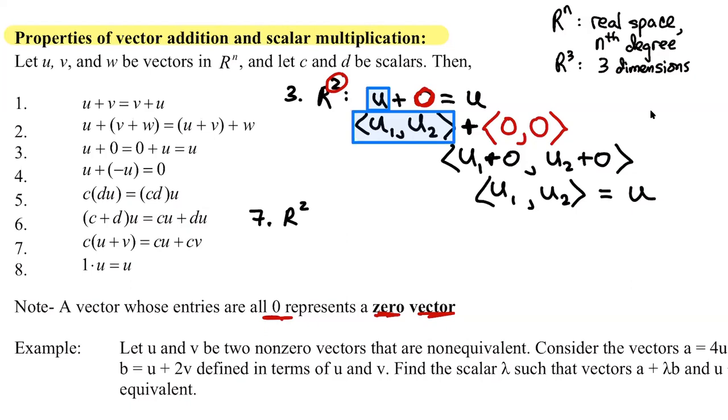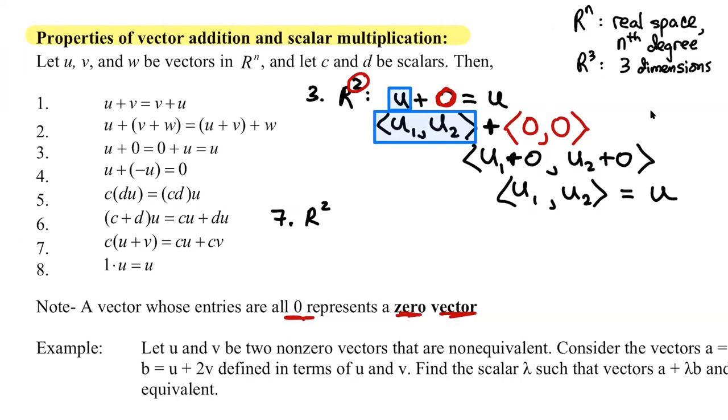All right. So I'll start on the left-hand side. C is a constant for a scalar multiple. So C times (U plus V). That's going to be equal to C times vector U, which is U1, U2, plus vector V, which is V1, V2.